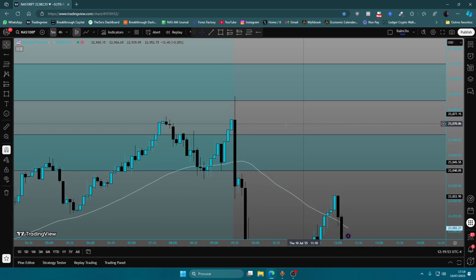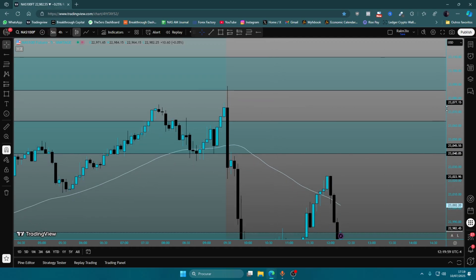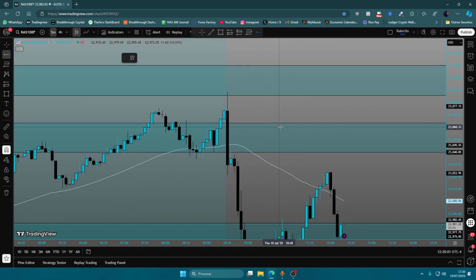And I don't have any other zone because I don't have enough space for my target. Price closed above, so when price is inside this zone, this is a buy zone. But price just ignored the 4 hour zone and closed below.